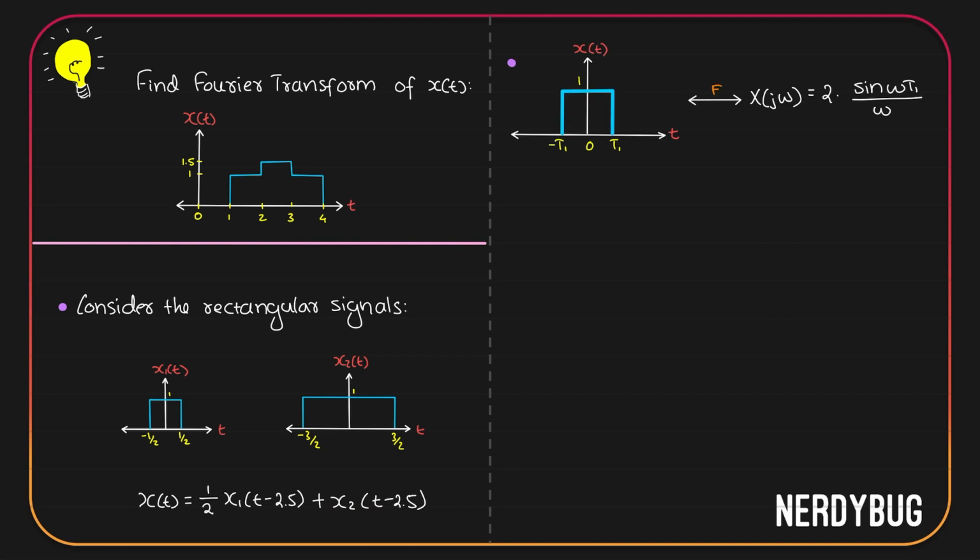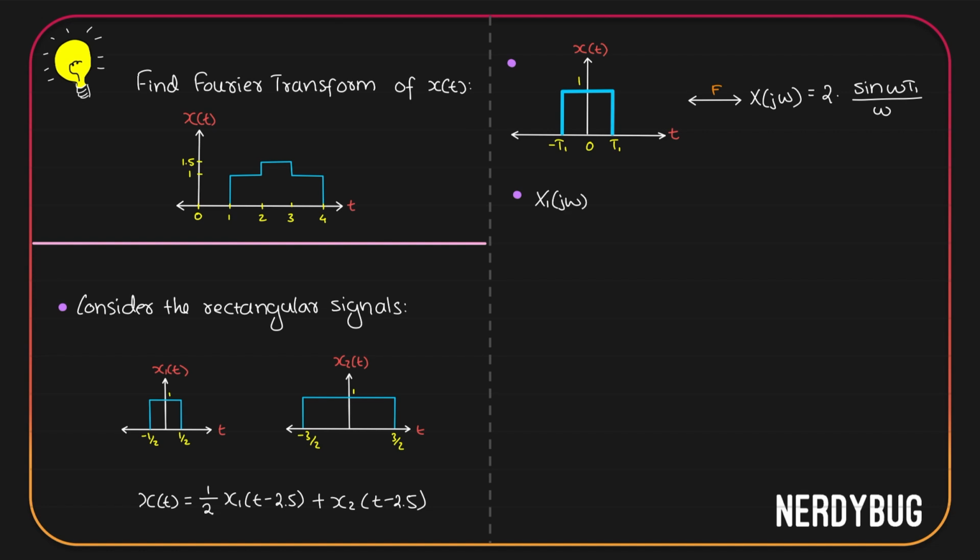In one of the problems we solved in the last video, we have seen that for a rectangular pulse which has non-zero values from minus t1 to t1, its Fourier transform is given like this. X of j omega is 2 sine omega t1 divided by omega. We can directly use that to write the Fourier transform of x1 of t and x2 of t.